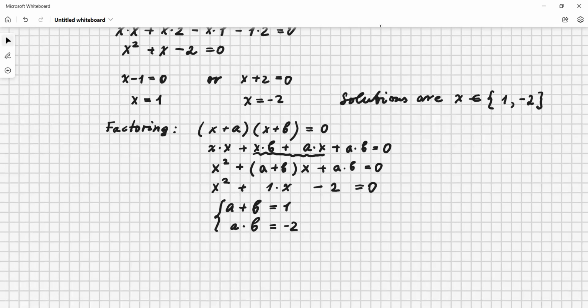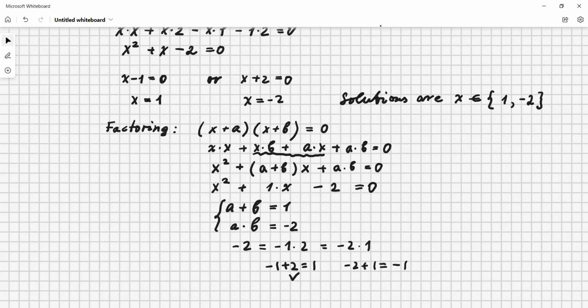First, what are the factors of -2? -2 can be represented as -1 by 2 or as -2 by 1. Let's check if the sum of either of these pairs gives us 1. Let's add -2 and 1. Doesn't work, right? The sum is -2 plus 1 equals -1. But -1 plus 2 equals 1. So that works for us.